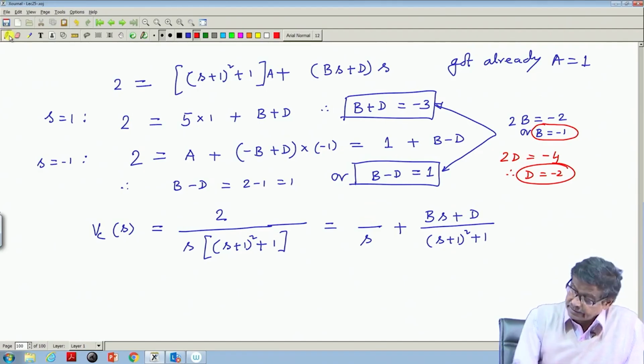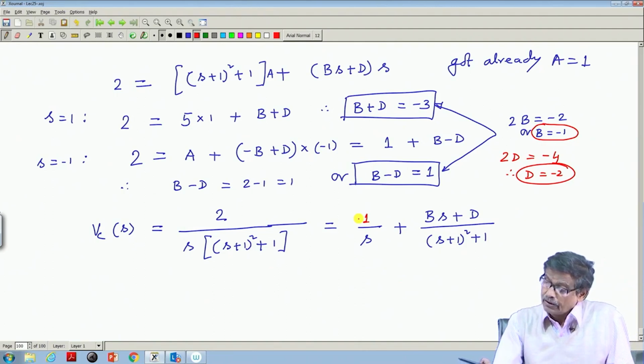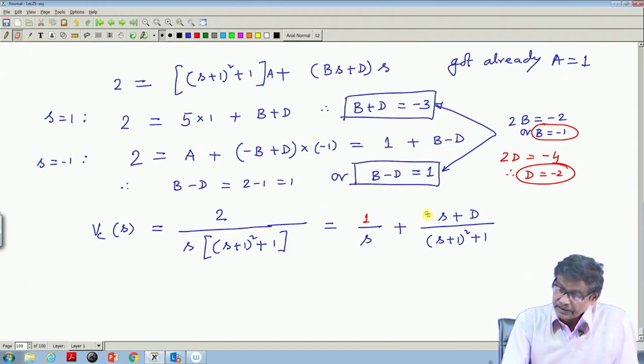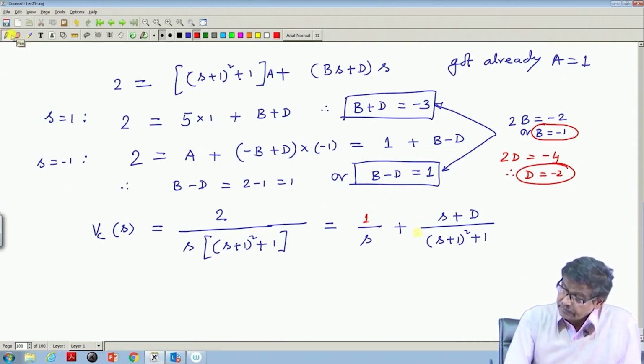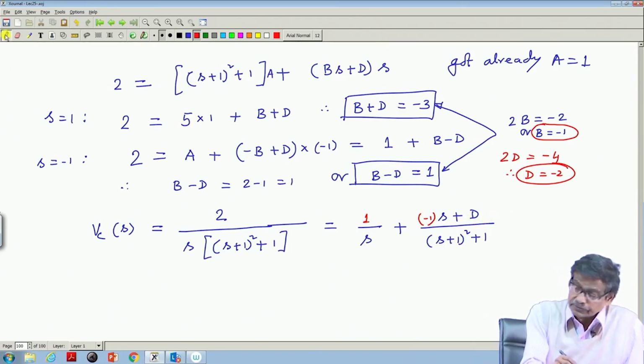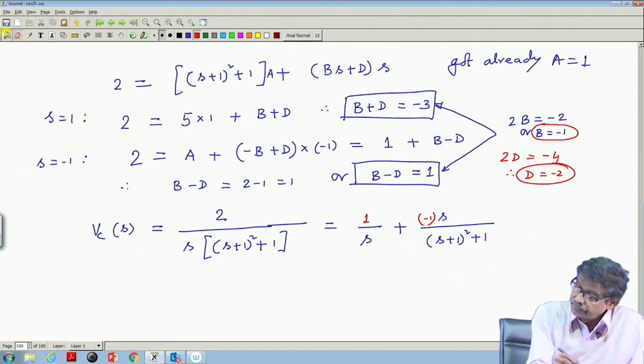So, I write that A is equal to 1. B and D also I have got, B is equal to minus 1. So, this B is minus 1 into S plus D only, D is equal to minus 2. So, this will become minus 2.